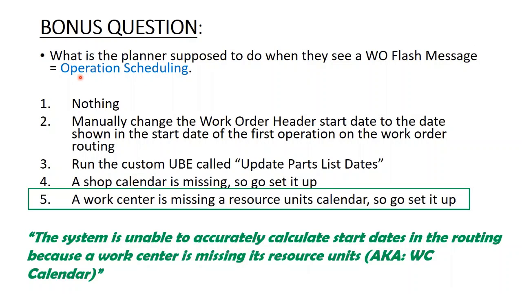That's what you get. You get a work order flash message called operation scheduling warning the planner, hey, I can't calculate routing dates correctly because there's a work center missing its work center calendar.